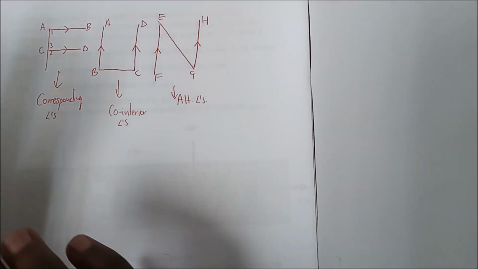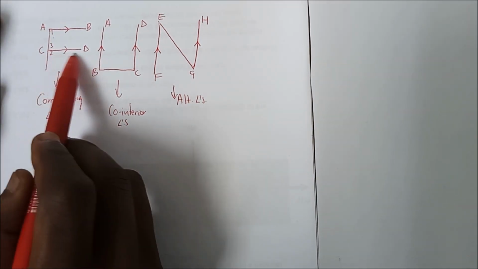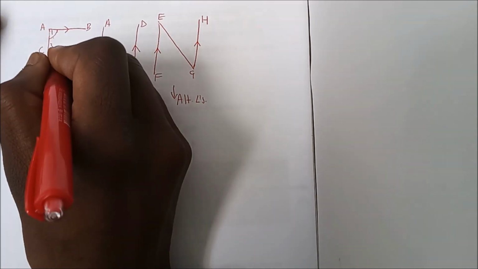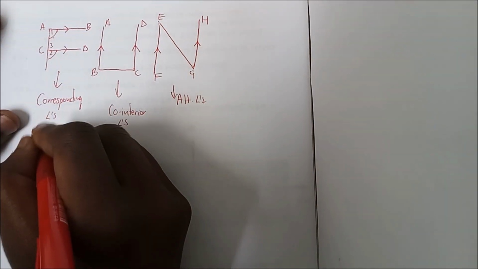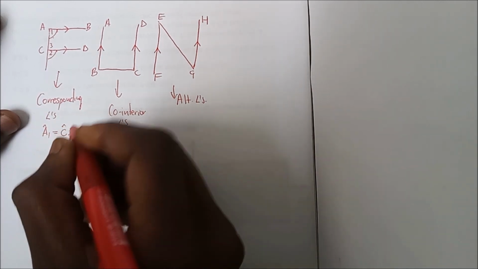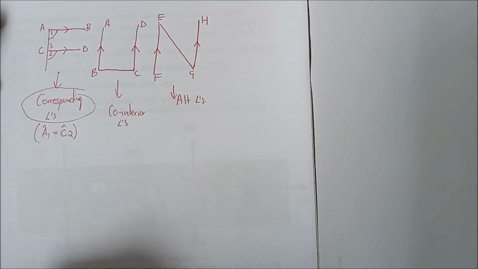So let's check. If we know that AB is parallel to CD, what we know is A1 equals C2. Okay, that's nice. A1 equals C2. And then what will be the reason? The reason will be corresponding angles.